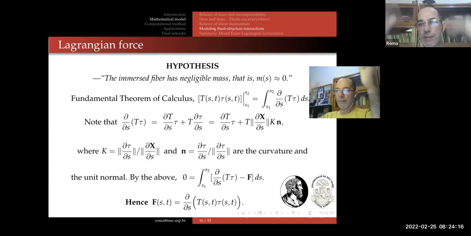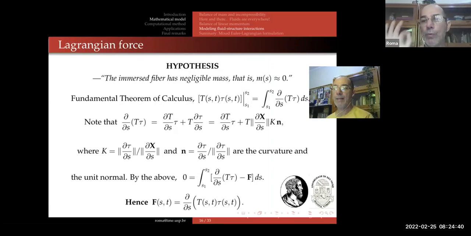So all these thoughts take me to a mathematical model of the elastic force acting on the fiber, right? So this is how it is. In this special case, this is the Lagrangian force, a force that is applied to each Lagrangian point representing the immersed fiber.